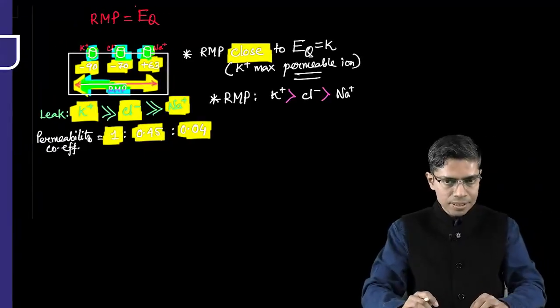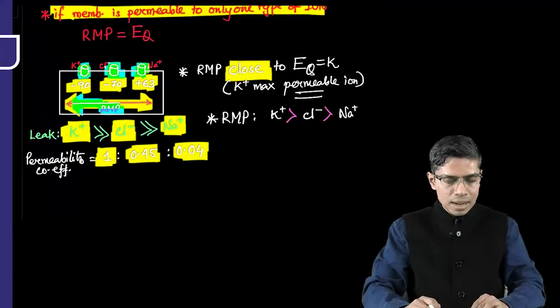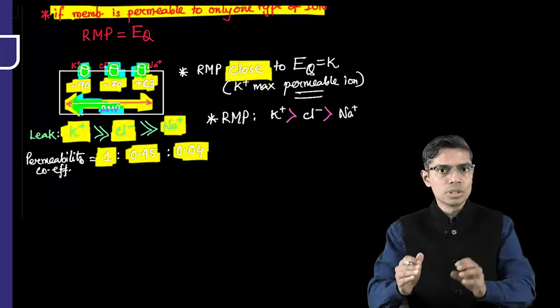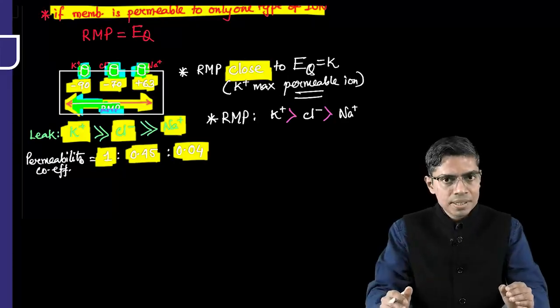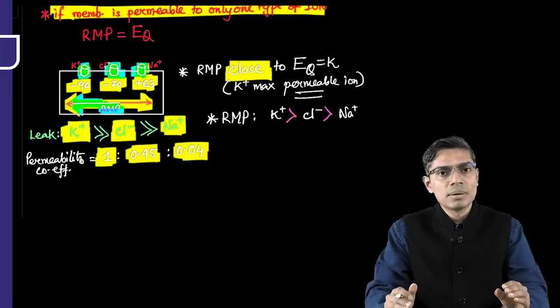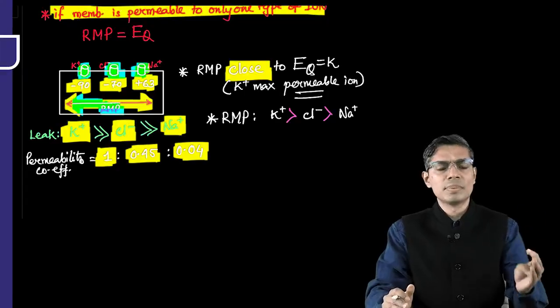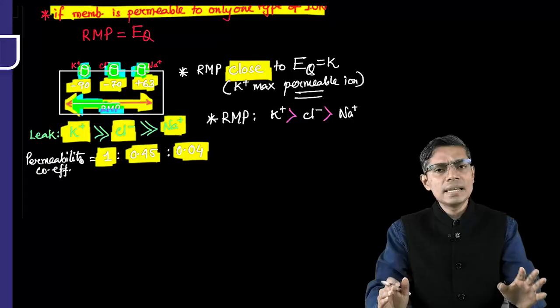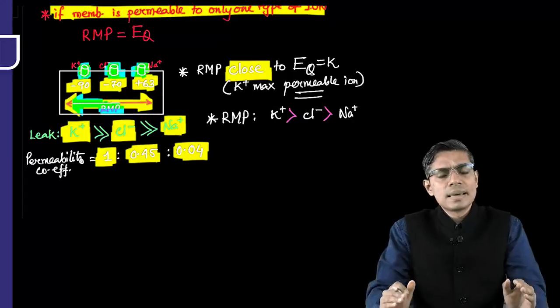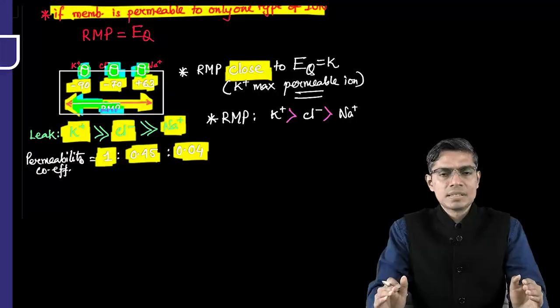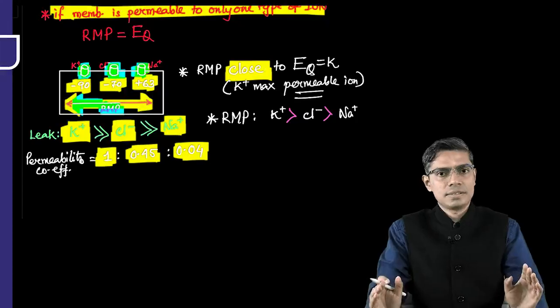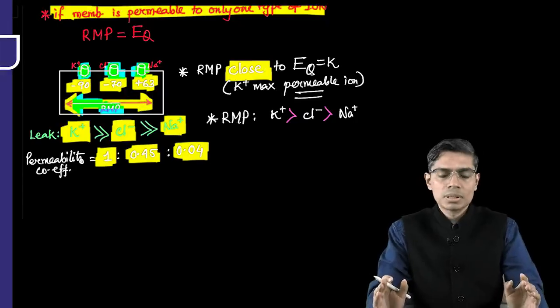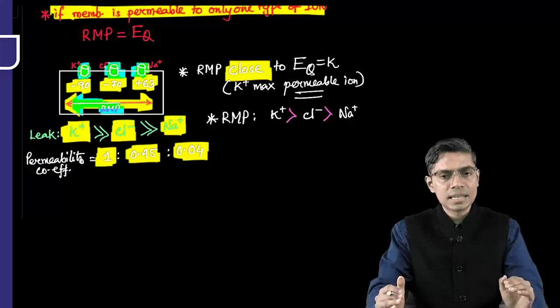And that's why you have to remember that RMP is close to equilibrium potential of potassium in almost all the vertebrate cells. It may be neuron, myocardium, muscle cell, any kind of cell. If the question is RMP is close to, they are asking which ion is maximally permeable in resting stage. But if the question is equal to, the answer is different. That I am discussing a little later.